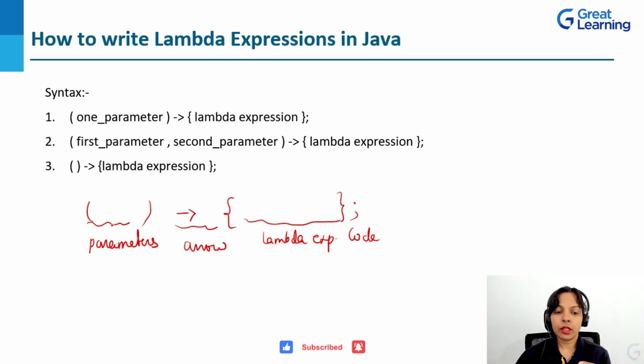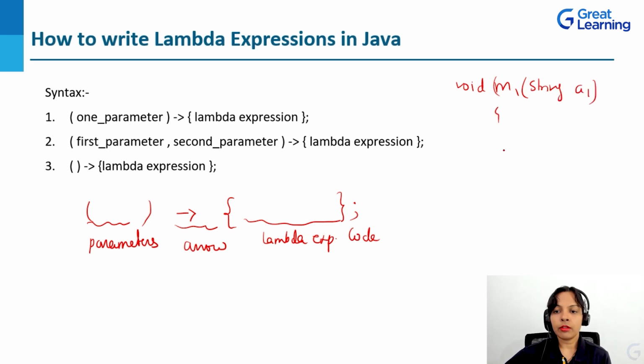But depending on the parameters, this part of the syntax differs. How? If there is no parameter being passed to this Lambda expression code. To understand what a parameter is and what this expression code is, consider a method. Suppose there is a method void m1, and this method has a parameter, maybe String a1.